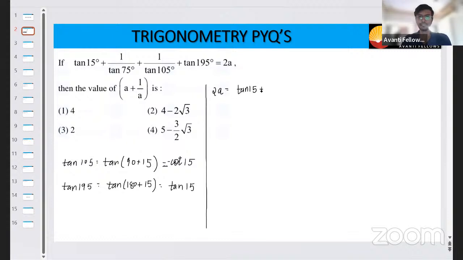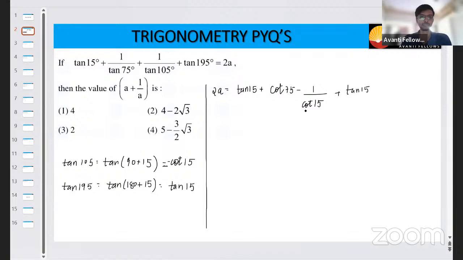15 plus 1 upon tan 75, which is cot 75, plus tan 105, which is minus cot 15. So minus 1 upon cot 15. And lastly, we have tan 195, which is plus tan 15. Correct?